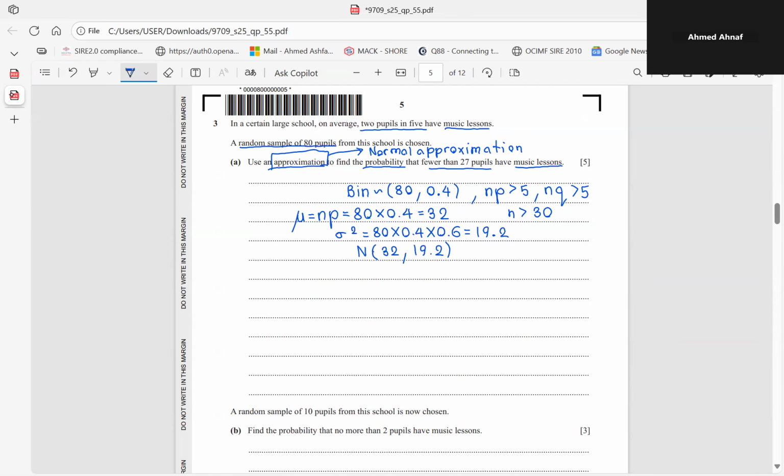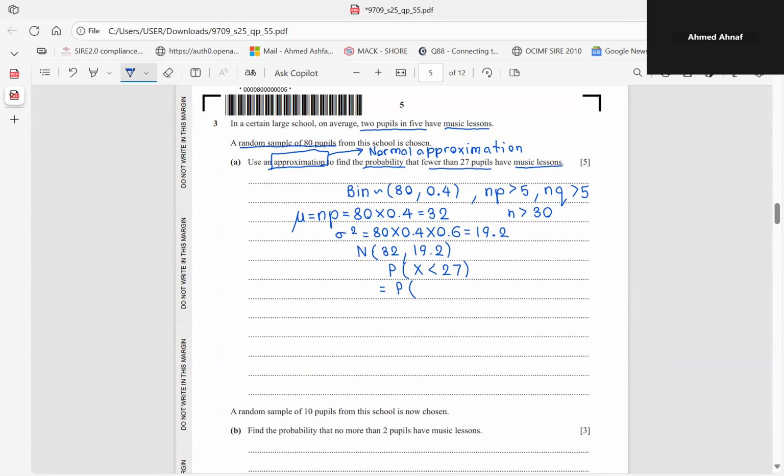All right. So we want to find out whether X is less than 27. X is the number of students that take music lessons here. Now we're going to standardize it.